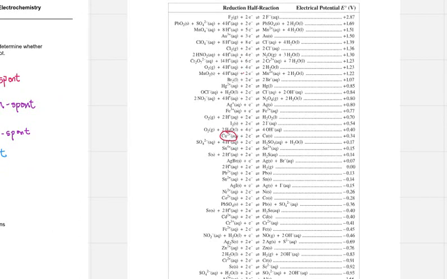That'll be our strongest oxidizer. And tin 2. Watch out, you've got tin metal here, and then you have tin 2 right here. So, downhill, spontaneous. Copper ions will react spontaneously with tin 2 ions.